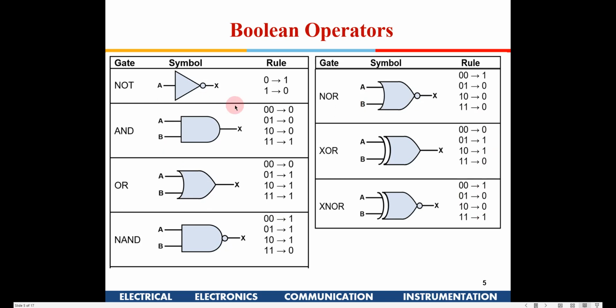Now among all these gates, an inverter can be synthesized using 2 transistors. This NAND can be synthesized using 4 transistors. If you want an AND, you will have to put a NAND and then in front of that one inverter, so it will take 6 transistors to make an AND gate with transistors. Similarly, a NOR gate takes 4 transistors, and if you put another 2 transistors, you will get an OR, so this also will take 6.